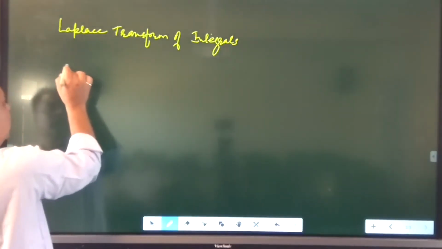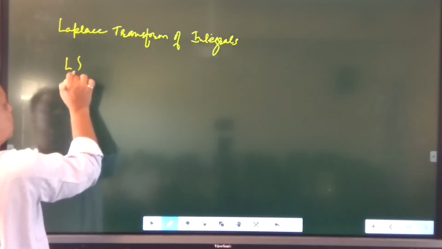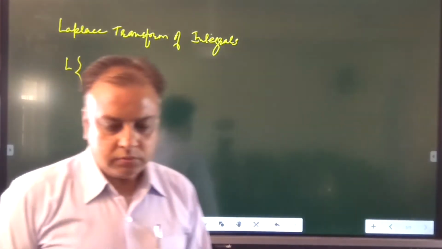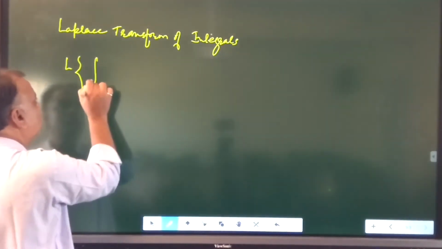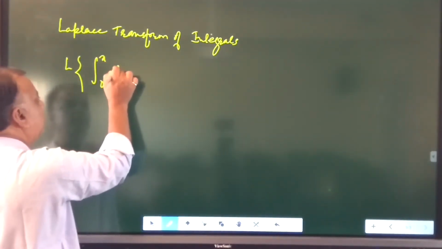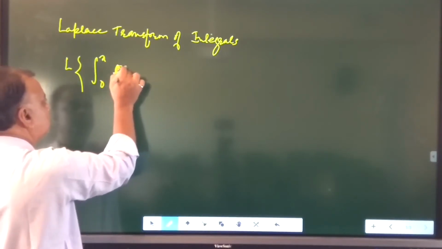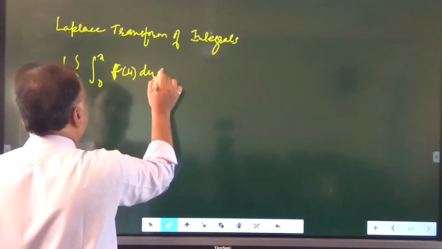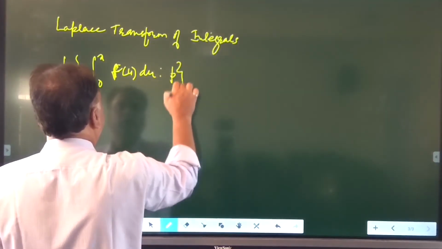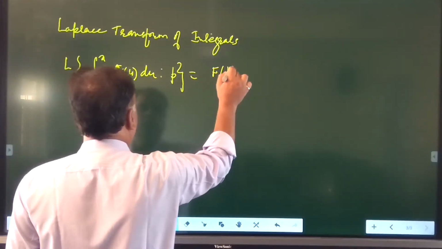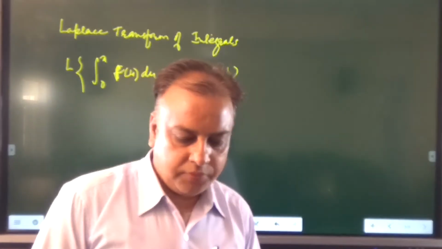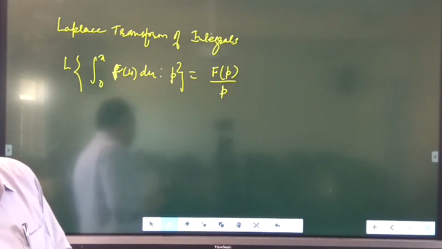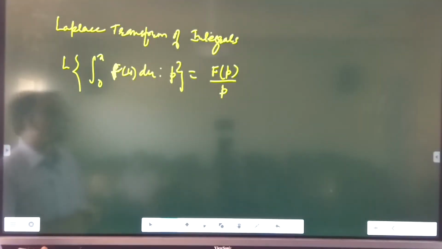We have to prove that the Laplace transformation of the integral from 0 to x of f(u) du with respect to p is equal to F(p) upon p. So we have to prove that the Laplace transform of the integral from 0 to x of f(u) du with respect to p is equal to F(p) upon p.